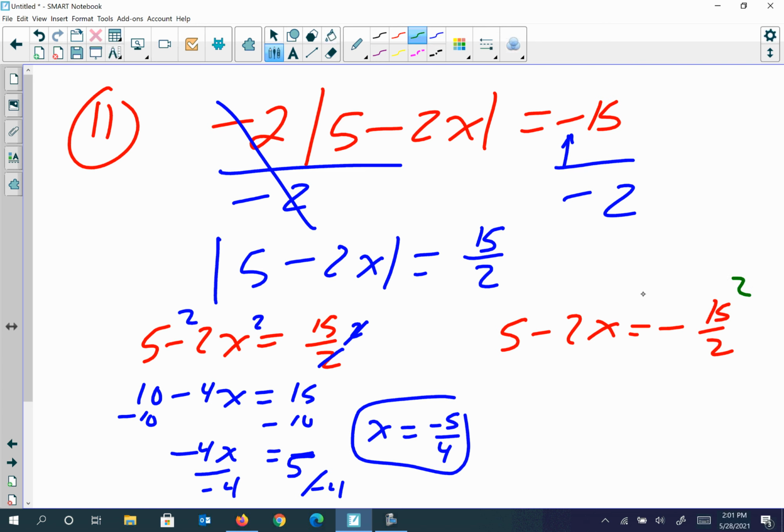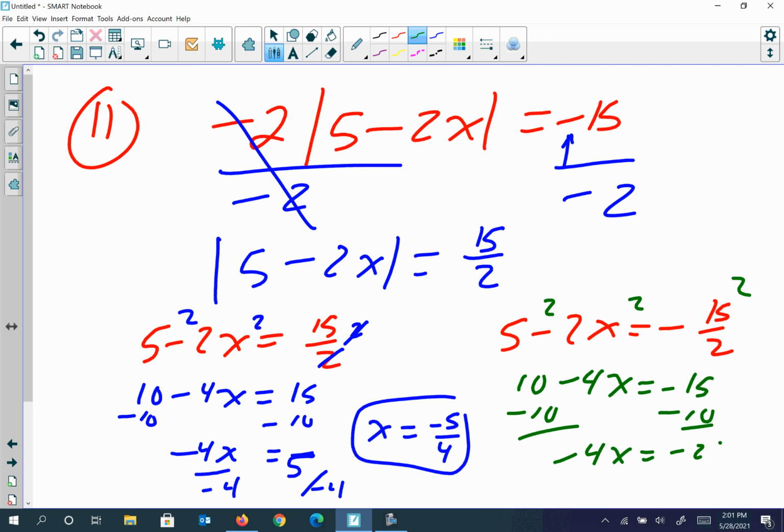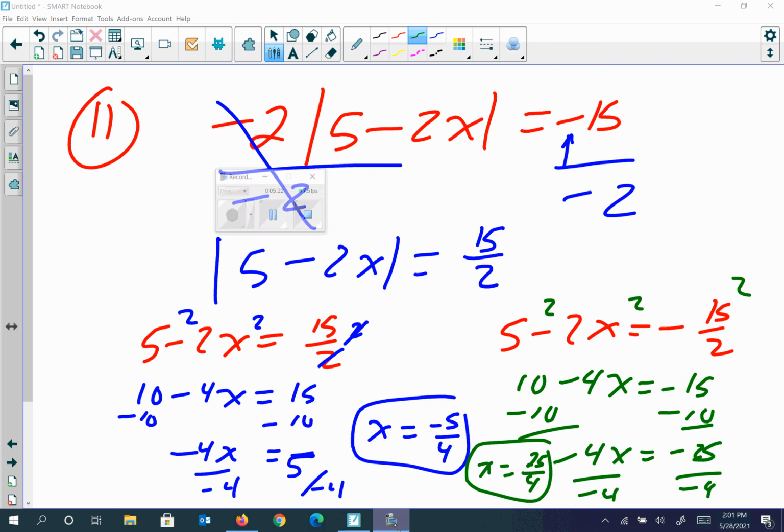Let's multiply this one, everything by 2. Subtract 10, subtract 10. So negative 4x is equal to negative 25. Divide each side by negative 4. Negative over negative is positive. 25 over 4 does not reduce, so you get positive 25 over 4. There's your two answers. That's all we got.